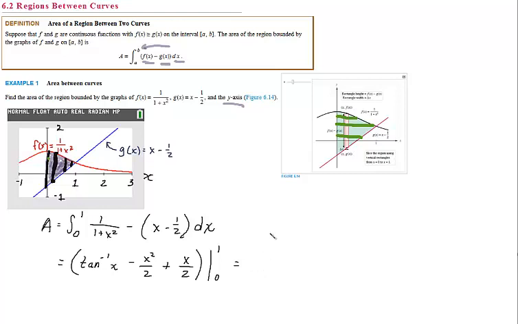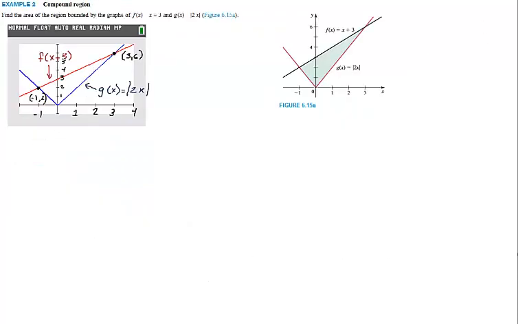I end up with the inverse tangent of 1, minus 1/2 plus 1/2, and then minus what I get plugging in 0 everywhere, which is 0. This ends up being pi over 4, and that is the area of the region in between those two curves and the y-axis. Now we'll go on to example 2.